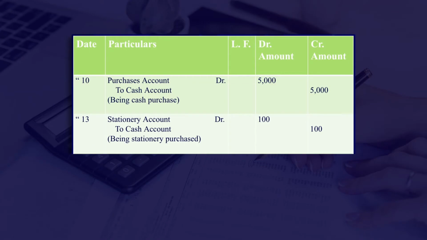So, as per the rationale of the nominal account, we must debit all the expenses. So, stationery being an expense must be debited. Therefore, the journal entry would be stationery account debit to cash 100 rupees.